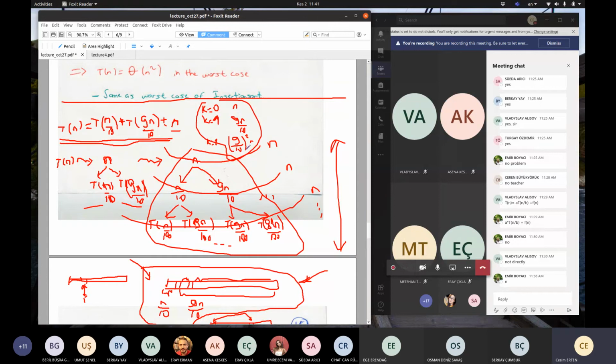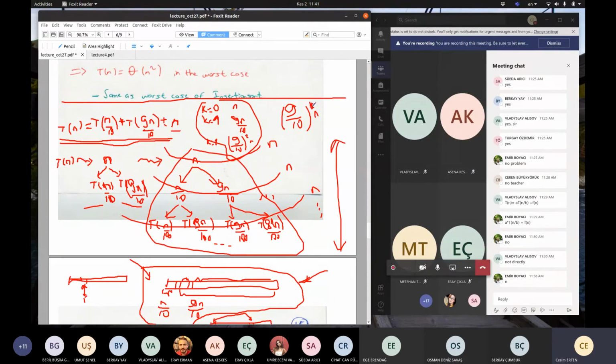If we continue further, in general, at level k, we will be expanding the following term, T of 9 divided by 10 to the k times n. This will be the term that we are expanding in our tree at level k.